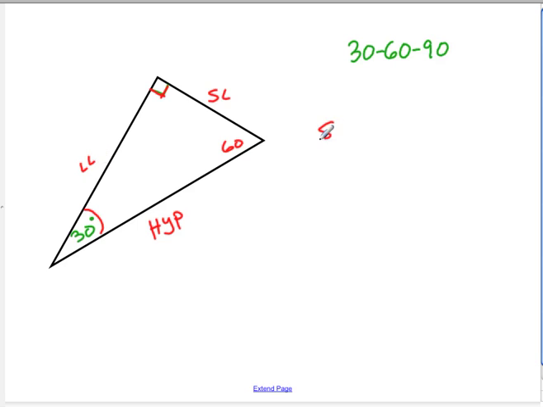The short leg is always 1/2 the hypotenuse. And the long leg is always the short leg times the square root of 3. These things are always true in a 30, 60, 90 triangle.